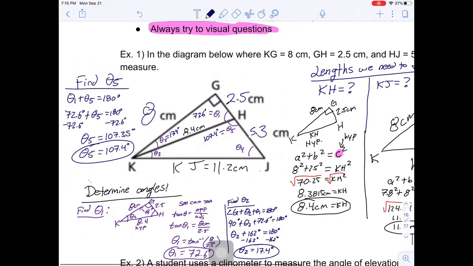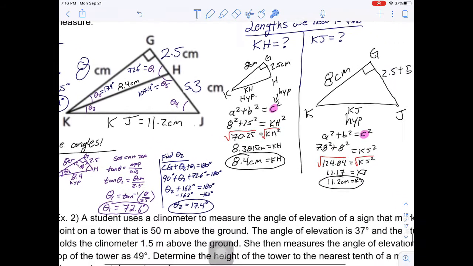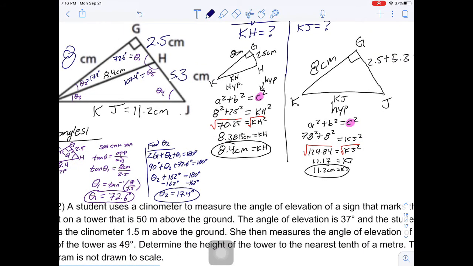Now, the last things we need to find are angle 4 and angle 3. Angle 3 is a little bit of an awkward angle because remember, we can't use trig ratios on this triangle, K to H to J, because it is not 90 degrees. But we can find angle 4 because it is a part of a right triangle, which is K to G to J. Okay, so let's find angle 4.